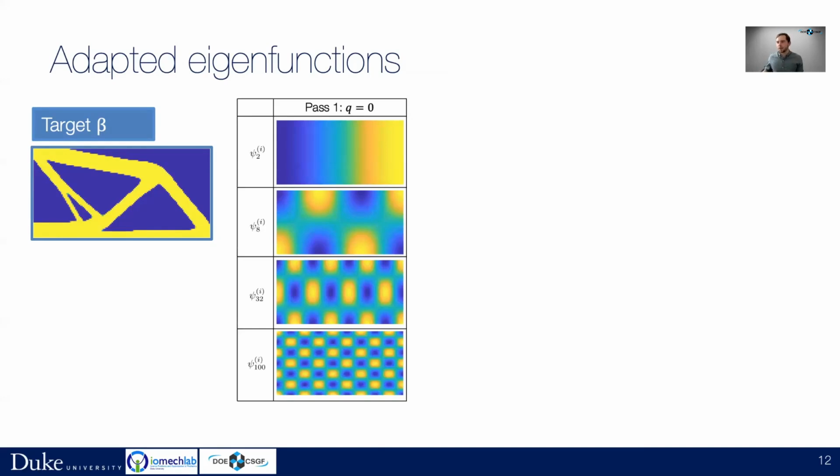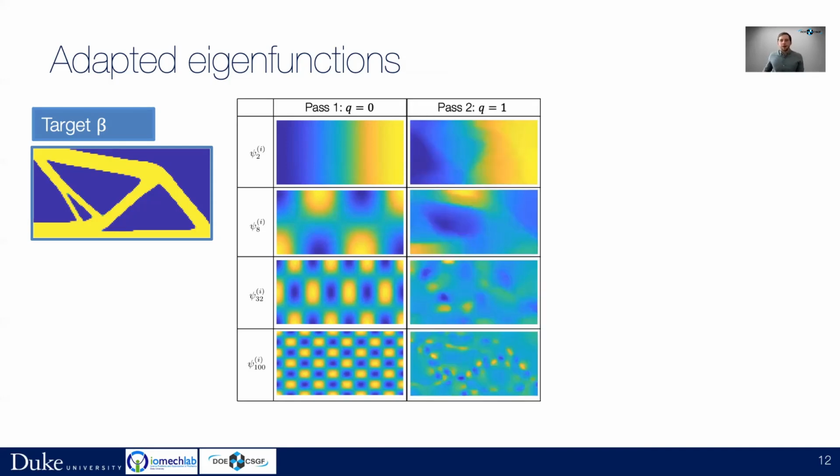You'll start out with an eigenbasis that represents kind of a series of sinusoids. However, through a multi-stage optimization process, you'll obtain a solution using one basis and then construct a new basis using your current solution.